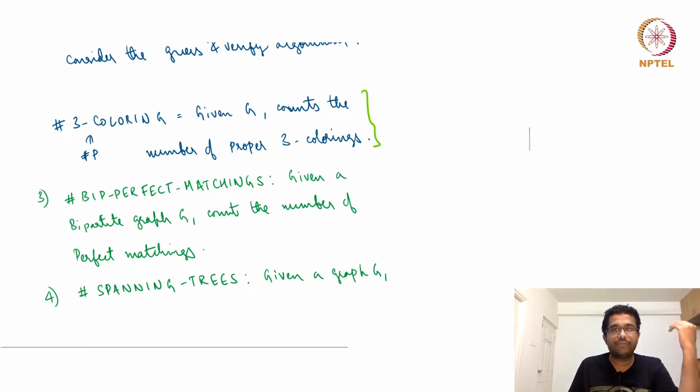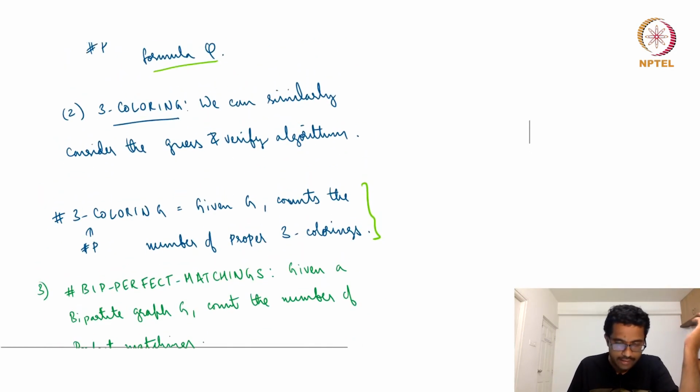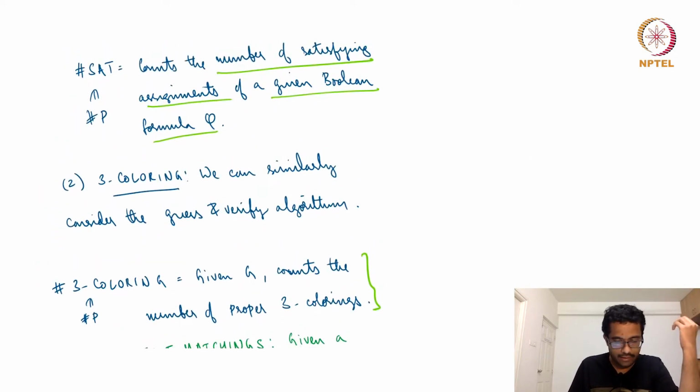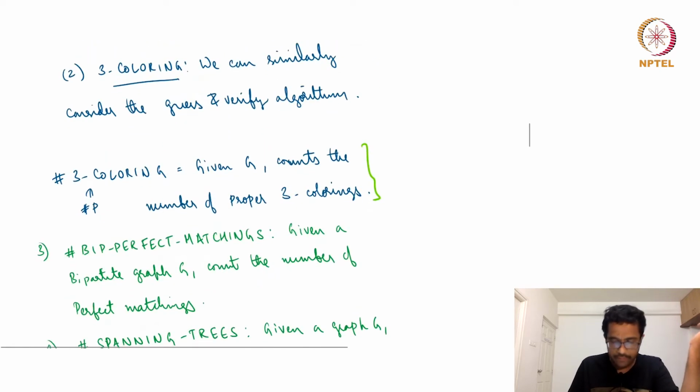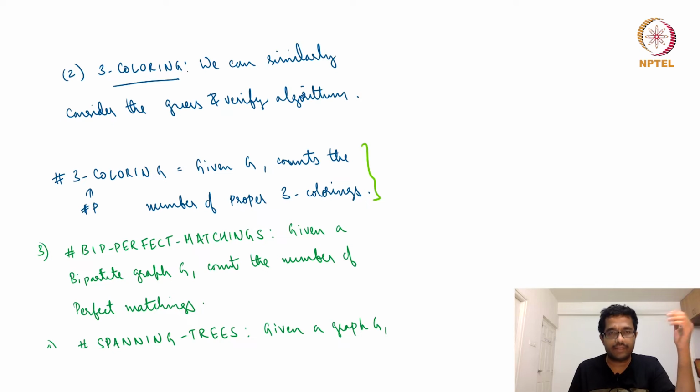So one may ask, what about other problems? Both SAT and 3-coloring are in NP, but we could also have problems in P. For instance, bipartite perfect matchings. As I had mentioned before, given a bipartite graph G, deciding whether it has a perfect matching has a polynomial time algorithm. So now I can ask, what is the number of perfect matchings in this graph?